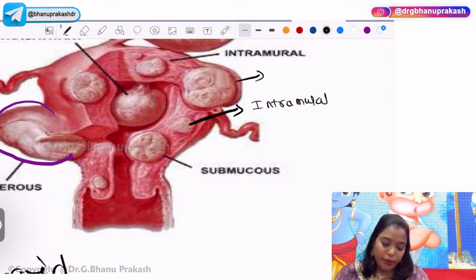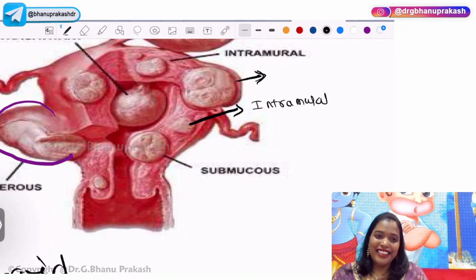Can you name this fibroid? Okay, that one is intramural. Now this one. So this is subserosal, gone outside the muscular wall.